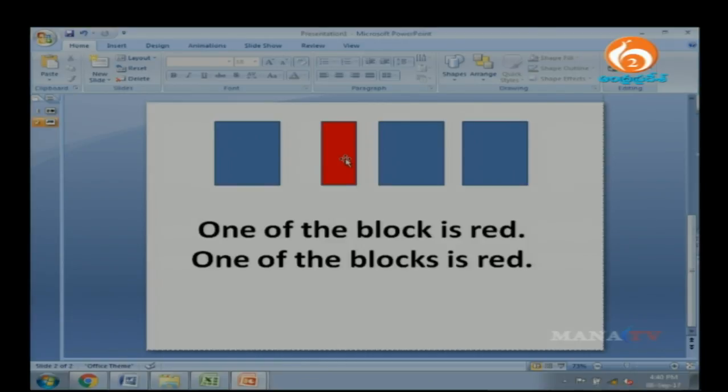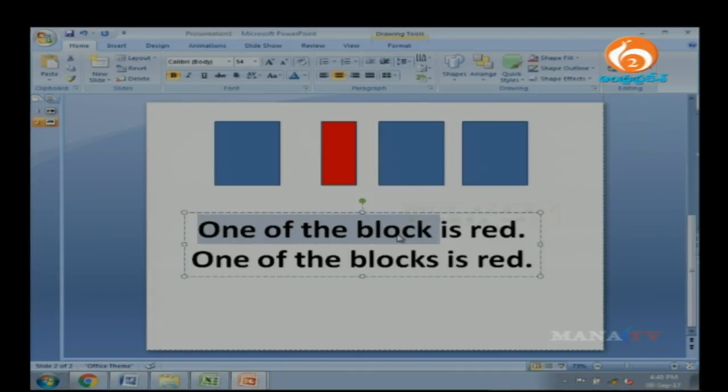If you're confused, let me give you the answer. When you say "one of the block", that means you're talking only about one block. If you say "one of the blocks", which means of all the 4 blocks, one of the blocks is red, which means you're picking one from many.